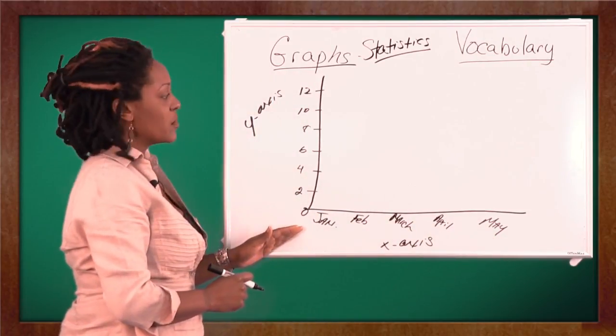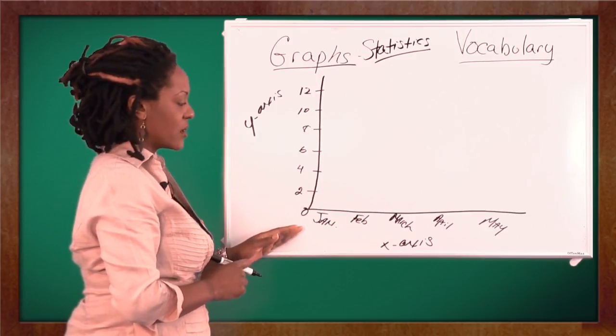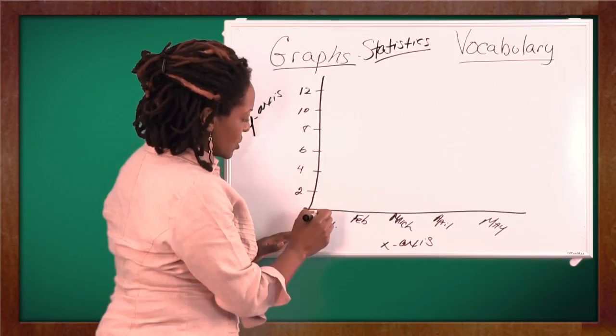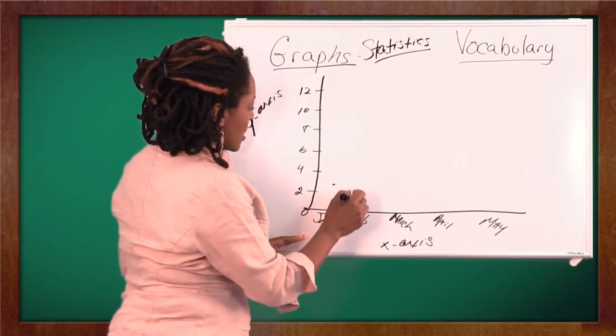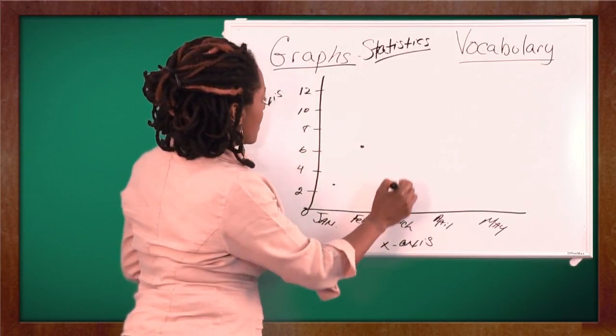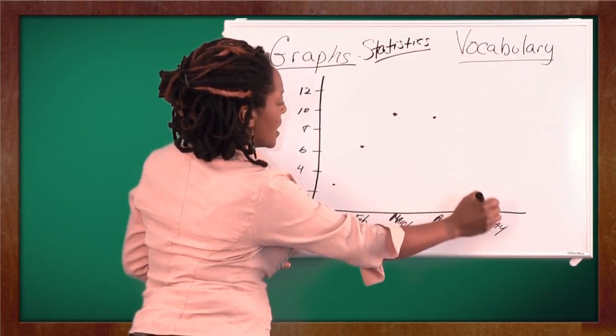January, February, March, April, May. And here on the y-axis, we have some number values. So I'm going to start to plot some points. Here at January, our number came up to 3. Here in February, make that right about there. March, April, and May.